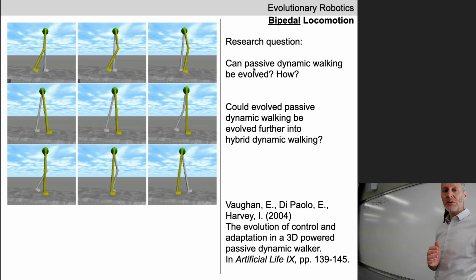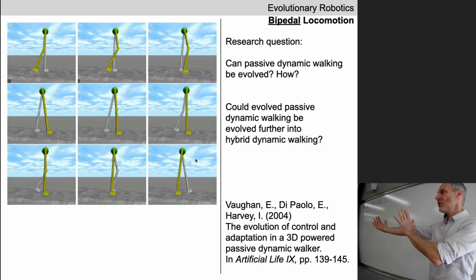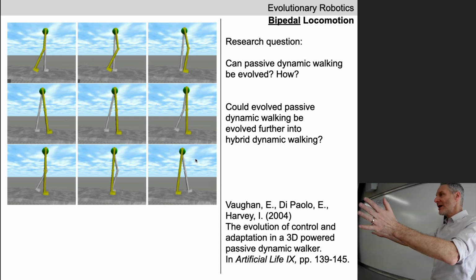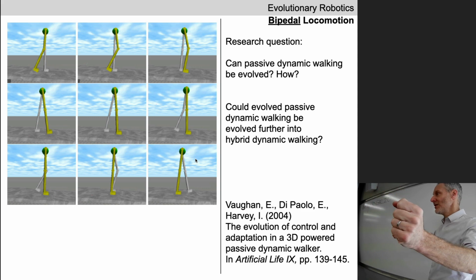Once they manage to evolve passive dynamic walking in the simulated robot that you see here, they're going to then thread slowly, or more accurately, they're going to allow the evolutionary algorithm to start to thread some neural control into the robot. So phase one, evolve the body of the robot. Phase two, evolve body and brain to increase the range of environments in which this machine can operate.